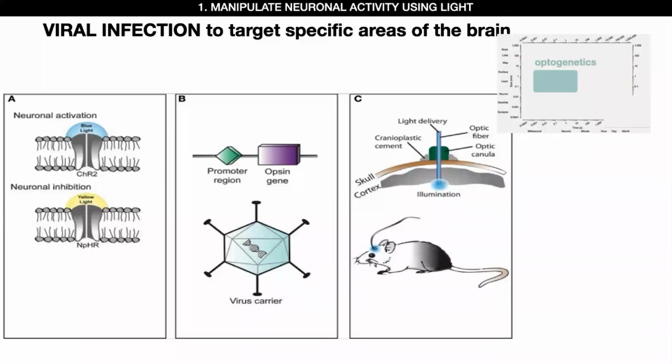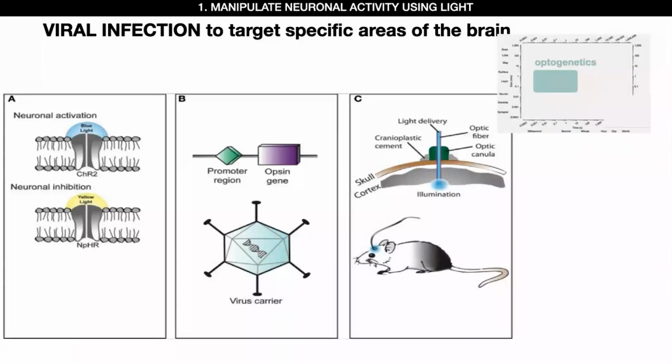At the top of this slide, you also have a representation of which kind of target, in terms of spatial and temporal resolution, you can have with optogenetics. In particular, here you can see that optogenetics allows us to target specific nuclei of the brain, but you can also target specific layers of the brain, or neurons, and different populations of neurons.